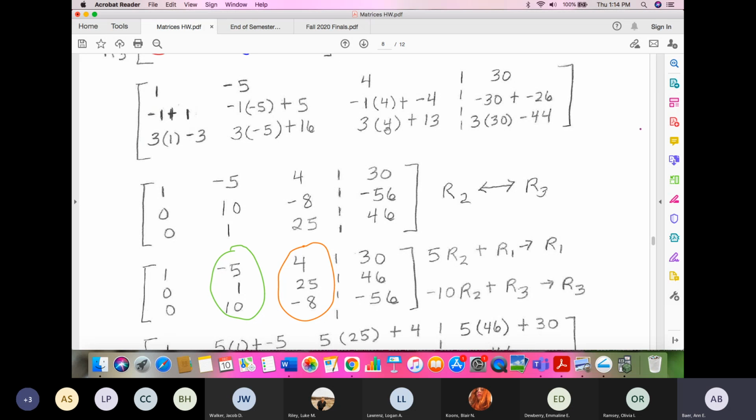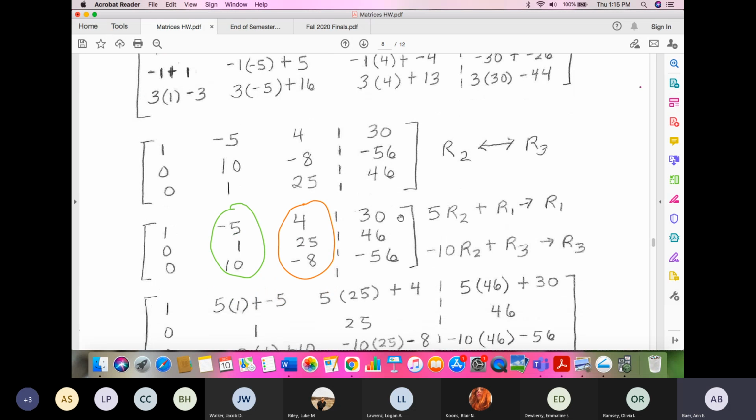This is 3 times 4, so that would be 4 plus 4, which is 8 plus 4 more is 12, plus 13, which is 25. Over here, we get 30, copy down, -30 minus 26 is -56. 3 times 30 is 90 minus 44 is 46. So we're good.